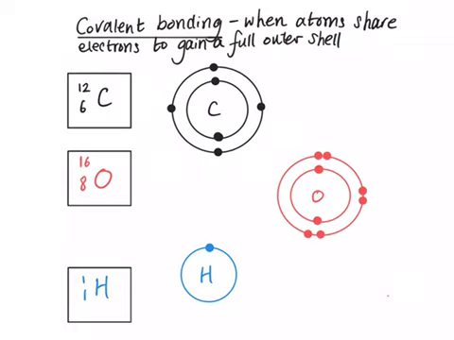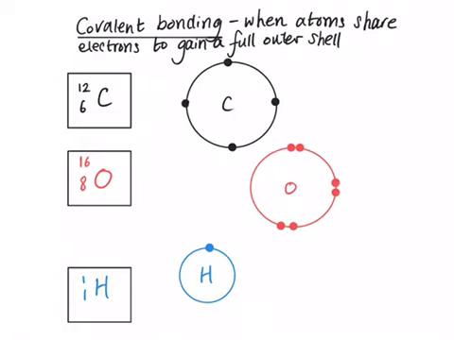If you've got a big molecule or a big atom, drawing all the inner electrons becomes tedious and doesn't really give you a lot of information, because covalent bonding only happens with the outer shell electrons. So if we redraw these only showing the outer electrons, carbon's got 4 in its outer shell, oxygen's got 6, and hydrogen has got 1.